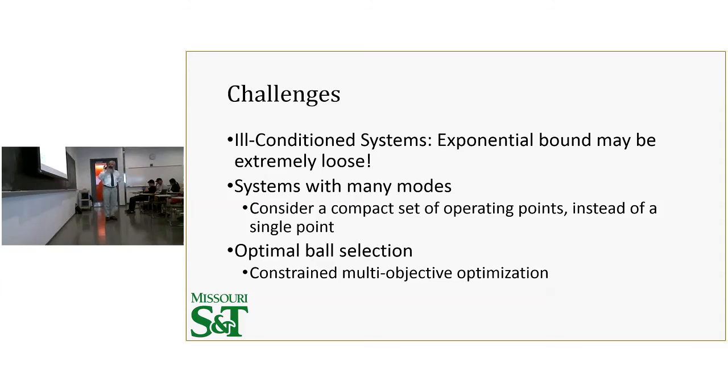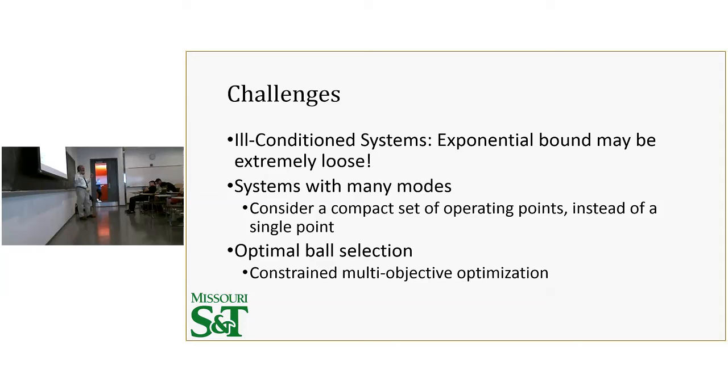All right. So there's some challenges here. One is that exponential bound that I had, which is pretty standard, but it's also pretty poor. And it depends on the conditioning of the system. So those ellipsoids I drew were pretty round, really.